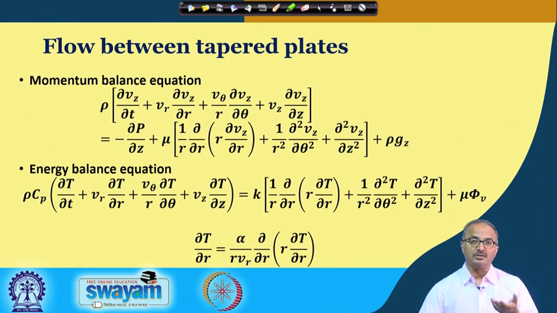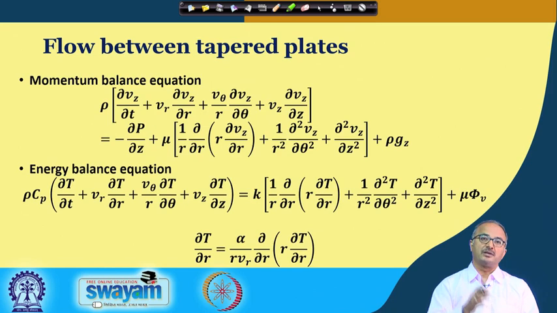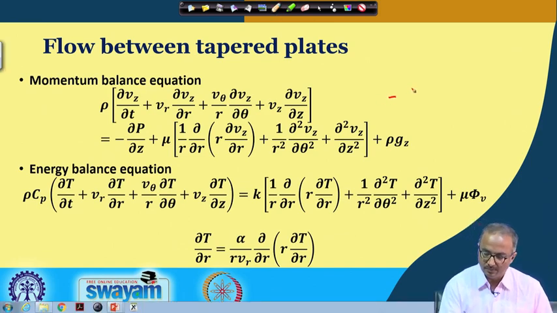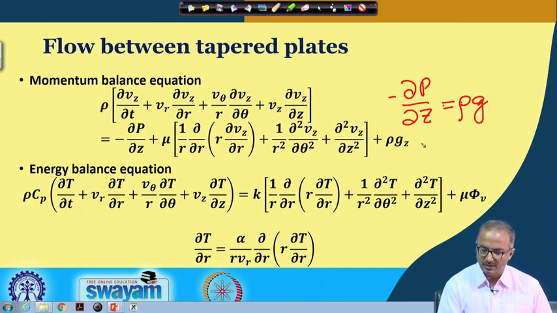With that logic we say dou p by dou z equal to 0, but mind you that this hydrostatic pressure drop will depend on the height of the fluid. If you have substantial height of the fluid, then you can consider it, and it will be minus dou p by dou z equal to rho into g, and from this you get p equal to rho g h.